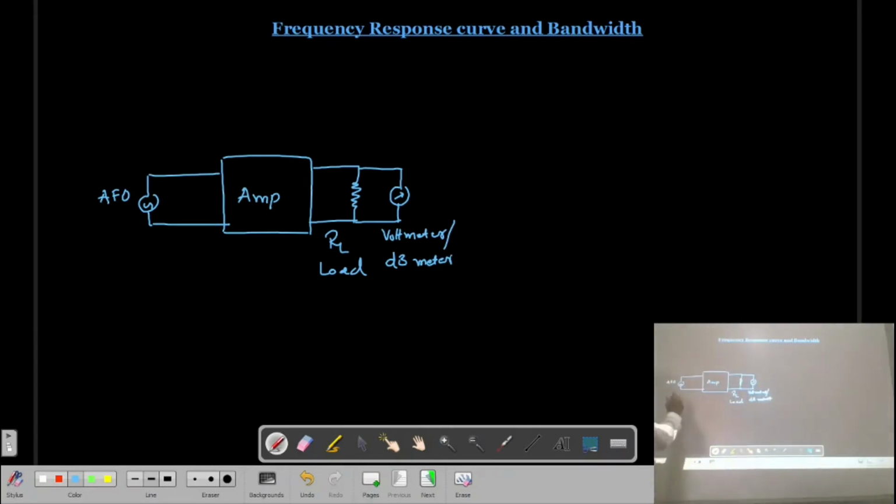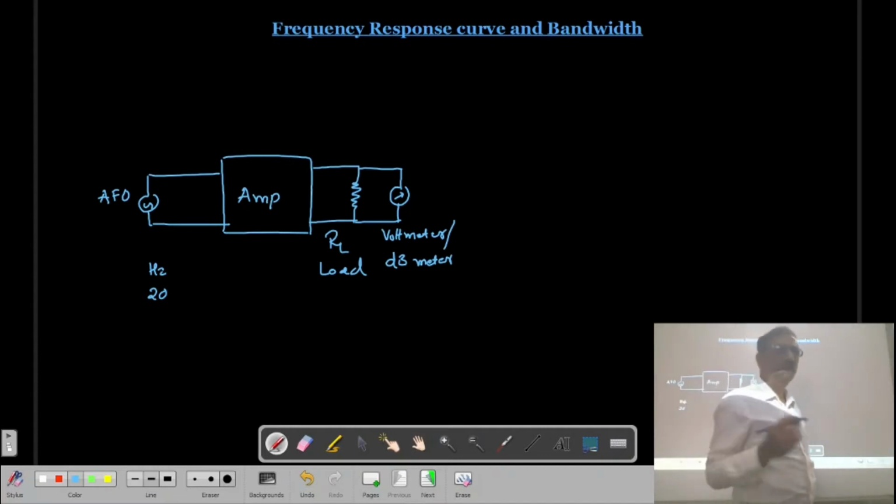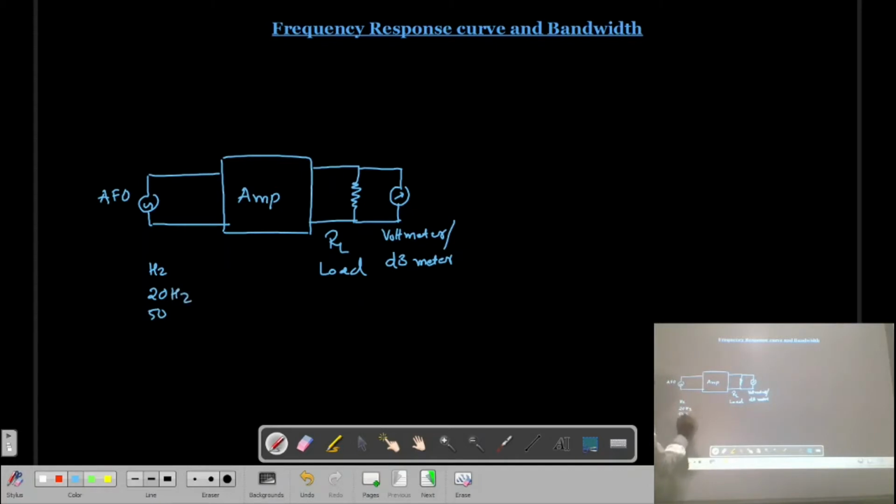Now through this AFO or the function generator, we apply different frequencies like 20 Hz. Here my input frequency will be 20 Hz, 30 Hz, 50 Hz, 100 Hz, 1 kilohertz, 10 kilohertz, 100 kilohertz. I will apply 20 Hz, then 50 Hz, 100 Hz, 200 Hz, then 1 kilohertz, 5 kilohertz, 10 kilohertz, and 50 kilohertz.